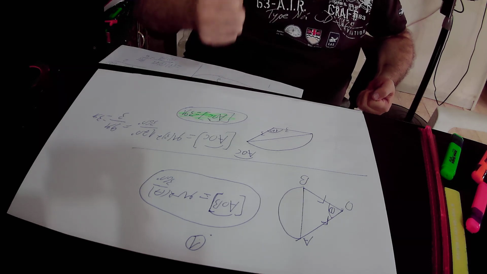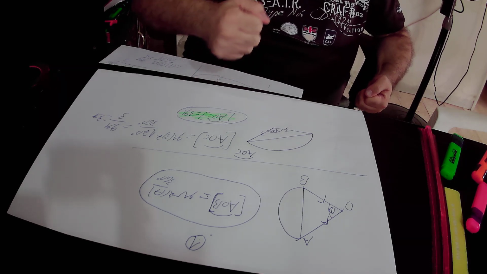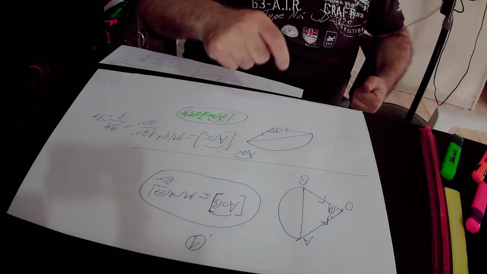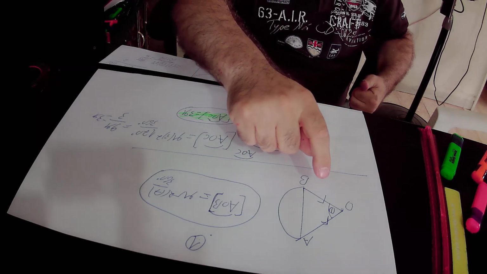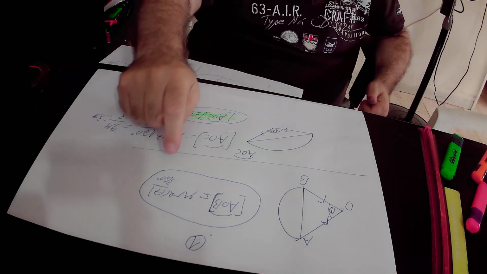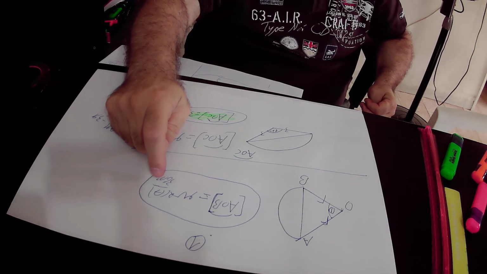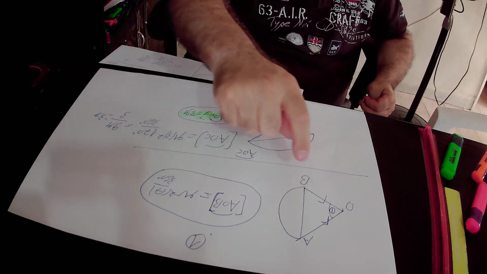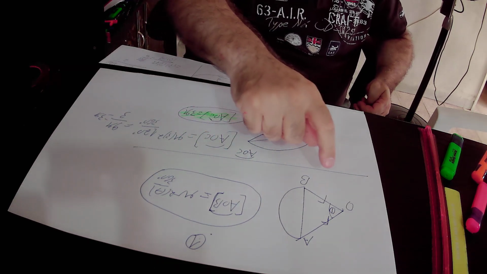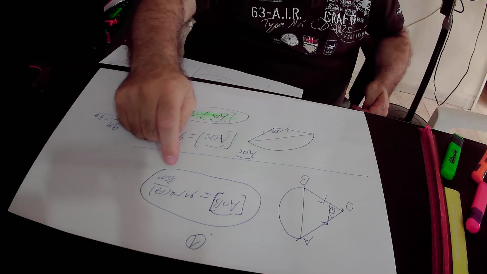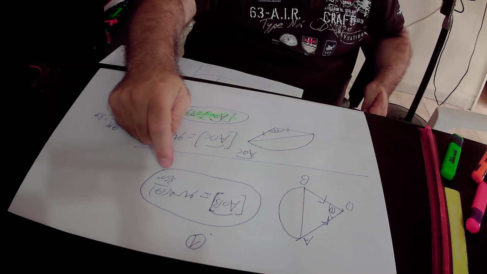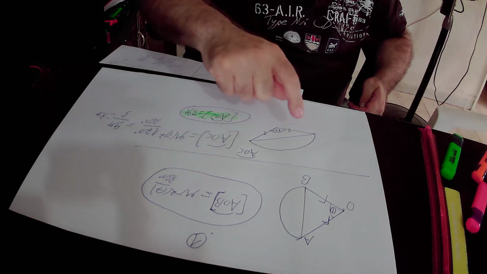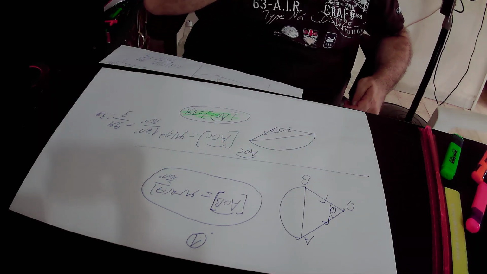And then when we multiply this relative percentage by the area of the entire circle, we get exactly the area of this sector.